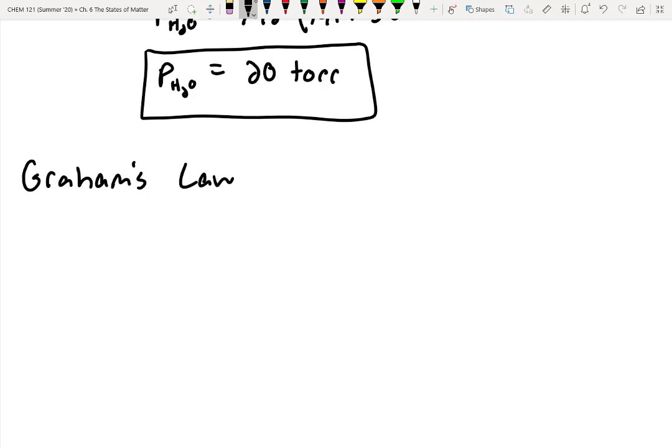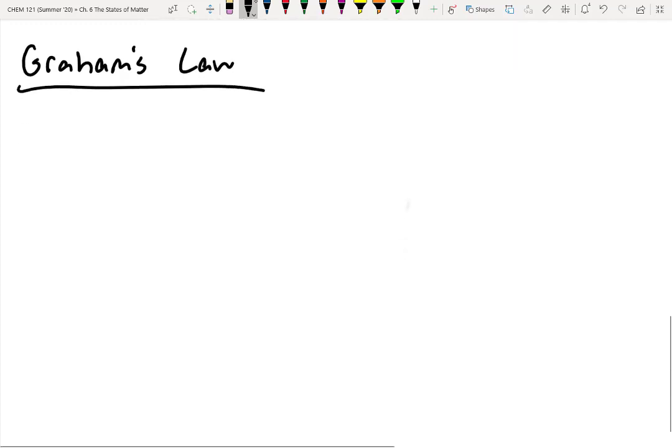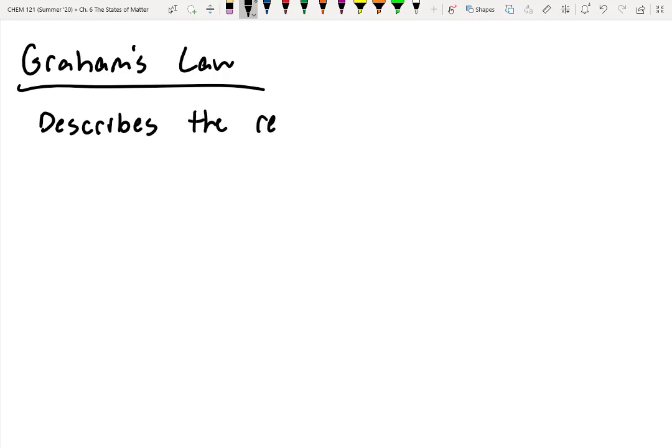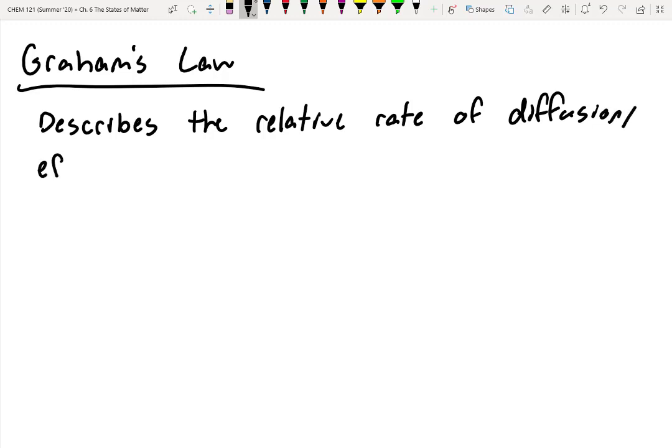And Graham's law is a little bit different than Dalton's law. And what it does is it describes the rate of diffusion or effusion. Don't worry, we'll define diffusion and effusion here in a second.